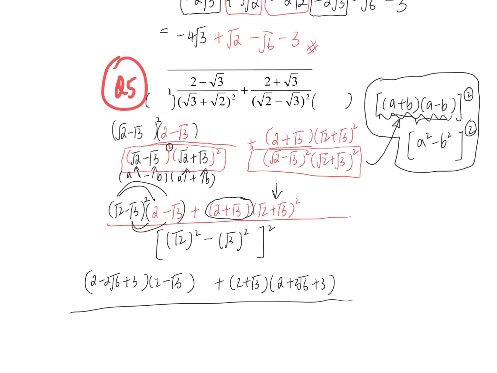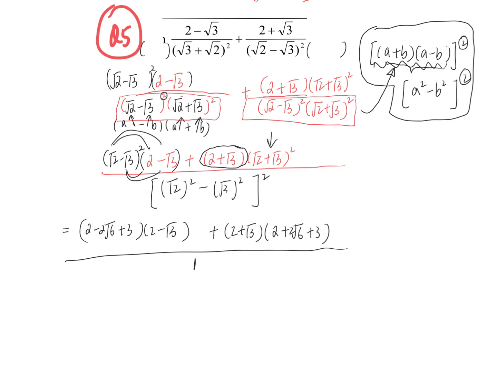So at the bottom you will have 1. So the denominator is as good as nothing. And then you go and simplify the top. This is actually 5 minus 2 root 6. This is also 5 plus 2 root 6. Okay, and then you go and simplify them. 10.